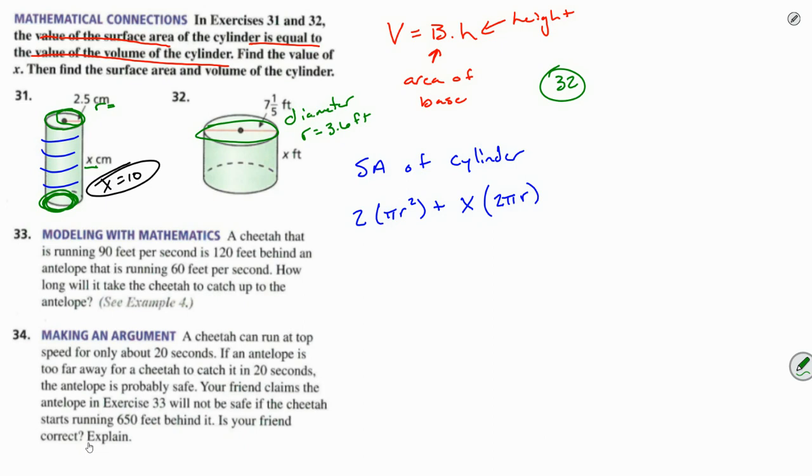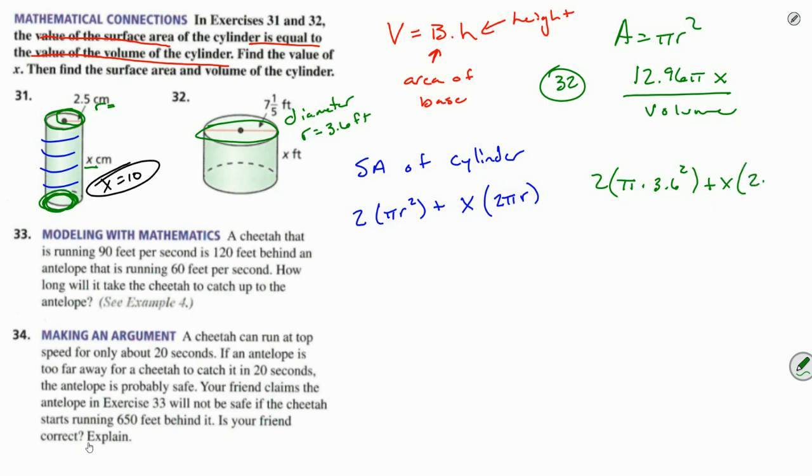So the area of the base, A equals pi r squared. So I'm going to take 3.6 squared, get 12.96 pi, which is the area of the base, times x. So here is our volume. Now let's find our surface area. So 2 pi times 3.6 squared plus x times 2 pi times 3.6.